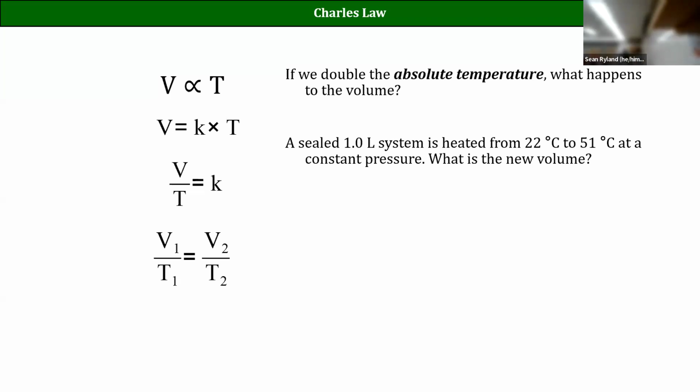I'm going to add a set number to it. So if temperature 1 is 22 Celsius, temperature in Kelvin is always going to be equal to temperature in Celsius plus 273.15. You just add 273 to everything to get it to Kelvin.